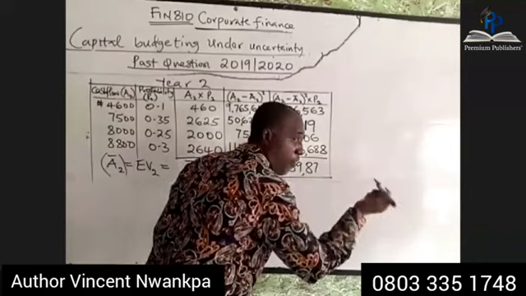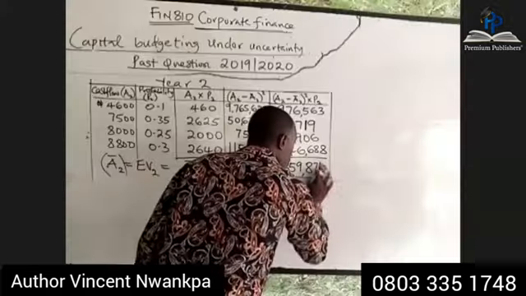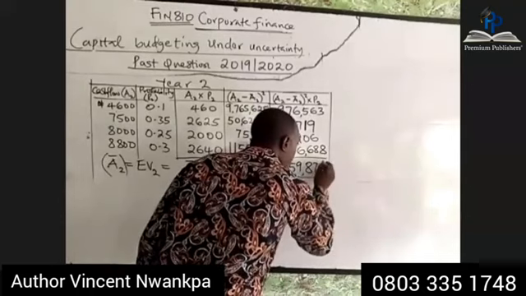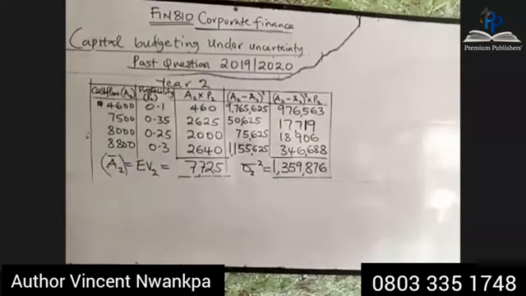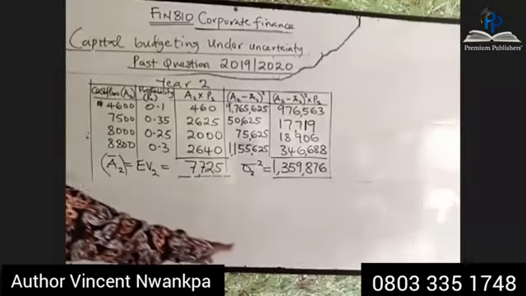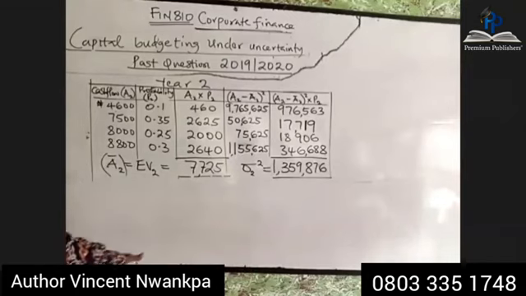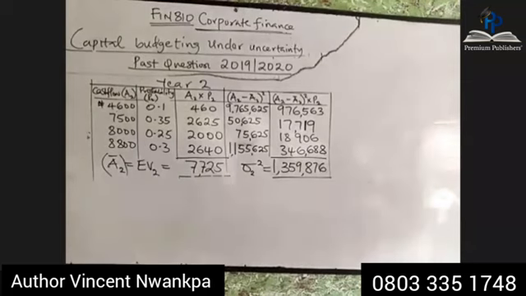Is it 6 or 5? 6. Oh, somebody says 6. So approximate. Is it 6? 6, good. We have just finished year 1 and year 2. Any question?